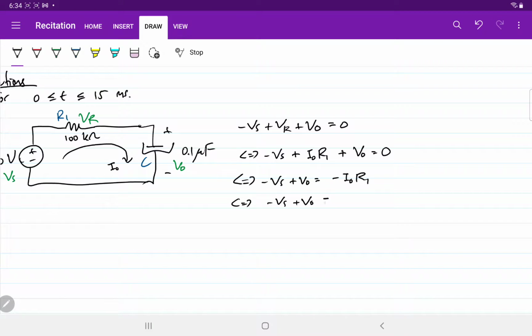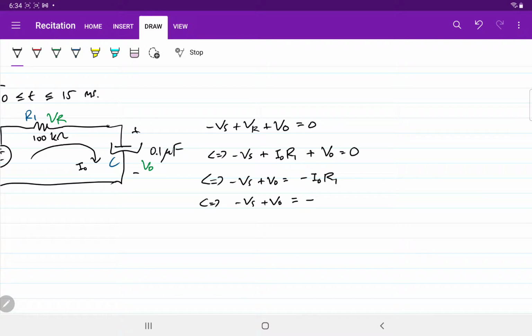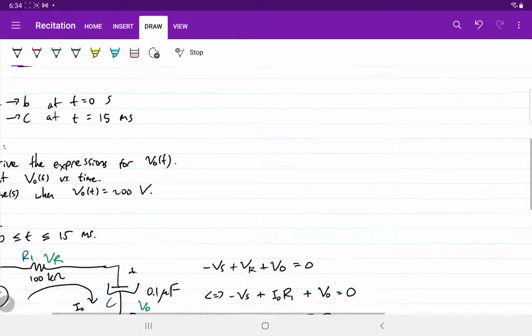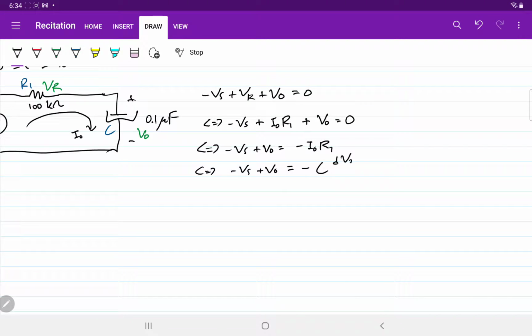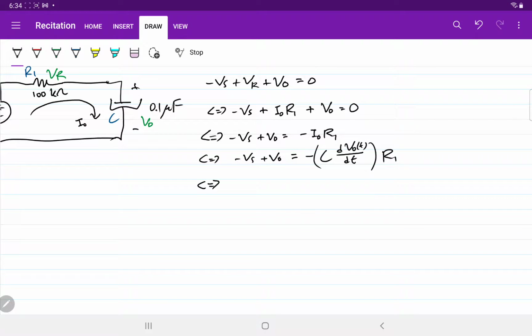I0 is C dV0 over dt, so V0 of t multiplied by R1. So we have minus Vs plus V0 equals minus R1 C dV0(t) over dt. Okay, so we can do algebraic manipulations.